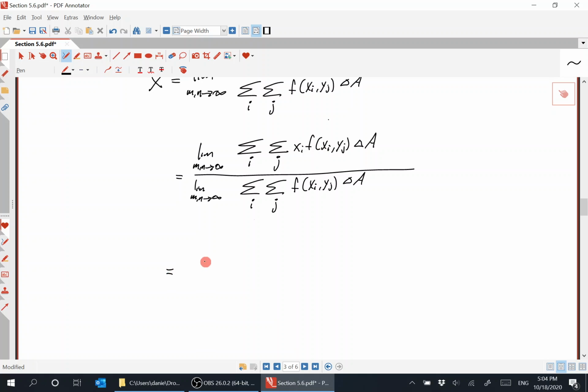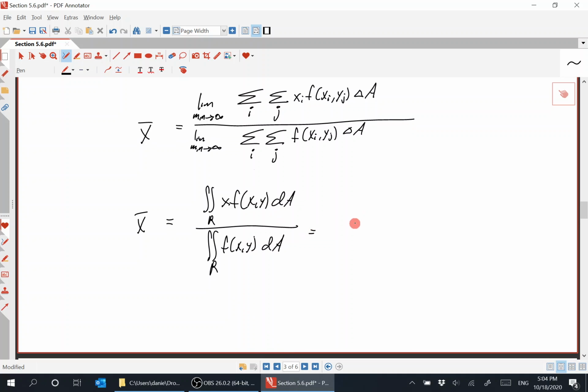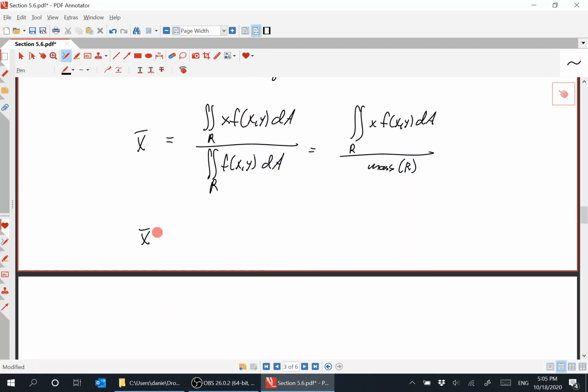So this is the double integral over R of x f(x,y) dA, and the denominator is just the double integral over R of f(x,y) dA. But like we were saying, this is just the total mass. So x bar is equal to 1 over the mass of R times the double integral of x f(x,y) dA.